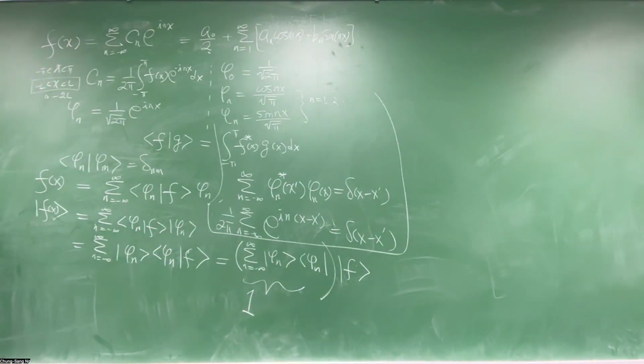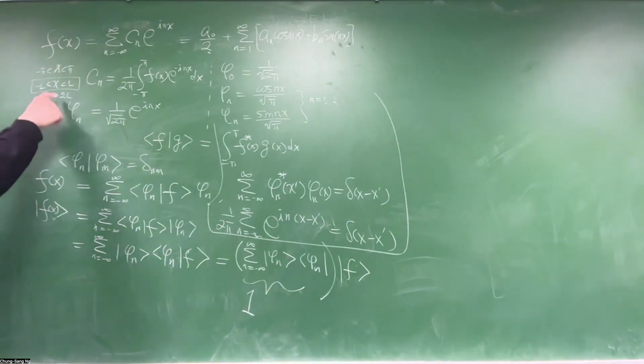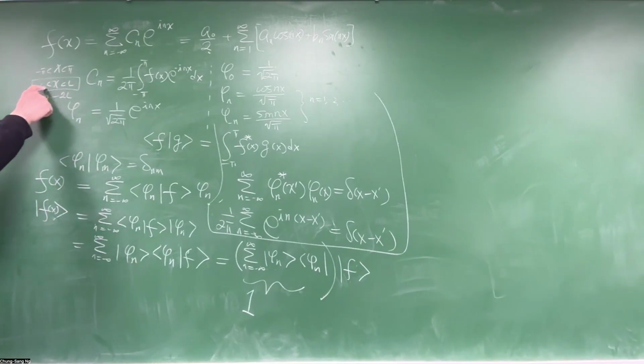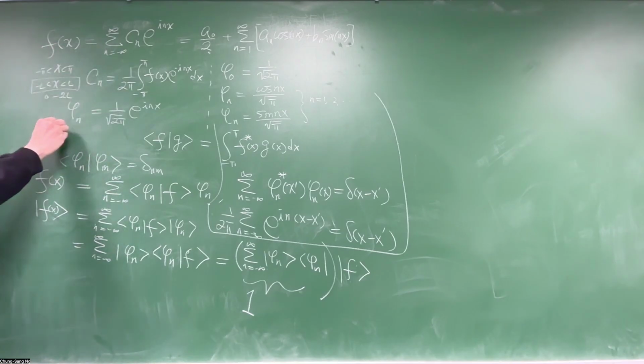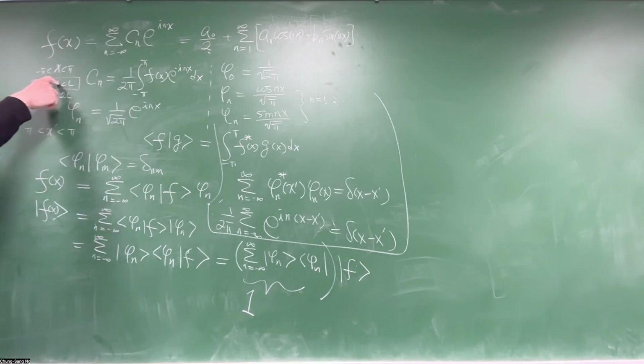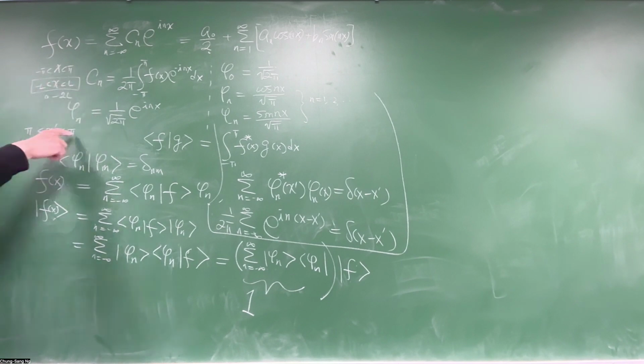So x is defined from minus L to L, but you want x prime to go back to this base case, minus pi to pi, right? So x must be proportional to x prime. You just want to figure out the proportionality constant. So when x equals L, x prime must equal pi.